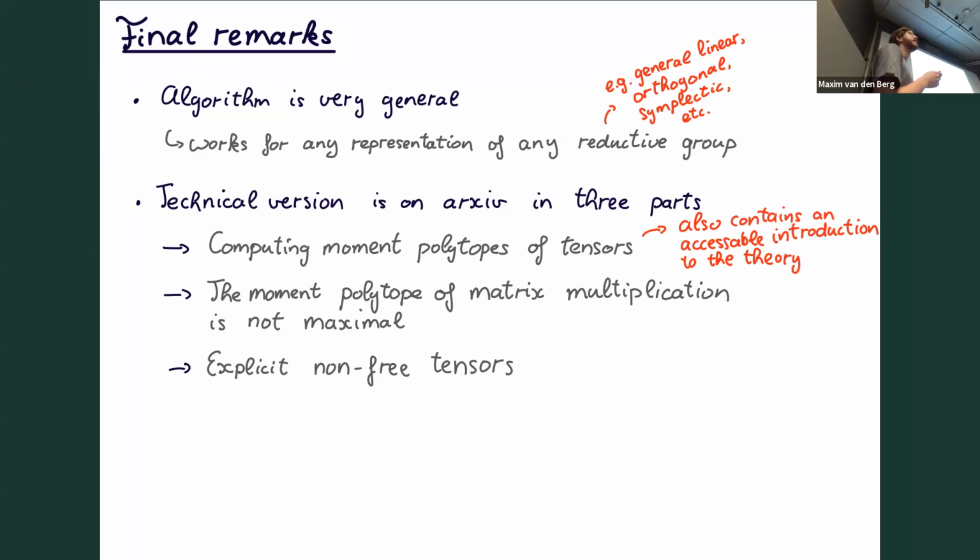This moment polytope theory is, in the literature, super general and I think very hard to read if you come from computer science or quantum information theory. So we really give an accessible introduction specifically for tensors, which I hope will be very nice for people to read when it's out. And that's it. So yeah, thanks a lot.